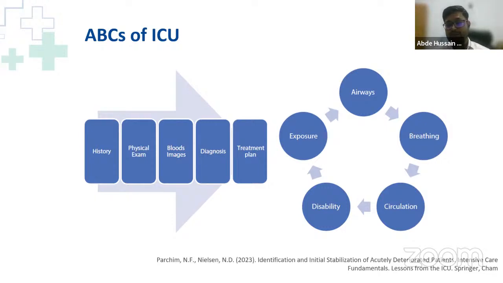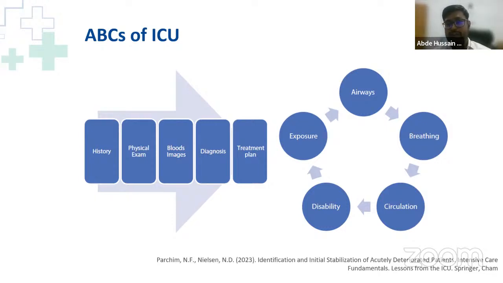Now, once the ABCs are done, there is D and E. D is disability: what is the consciousness of the patient? Is there delirium or any altered mental status that the patient is presenting with? E is exposure, so any toxins, for example organophosphate, which might still be clinging to the patient's clothes. So all this evaluation is done.